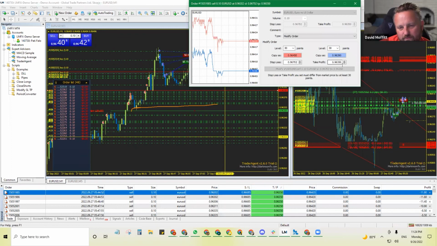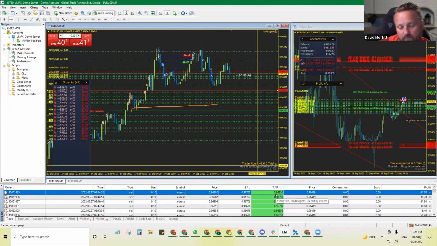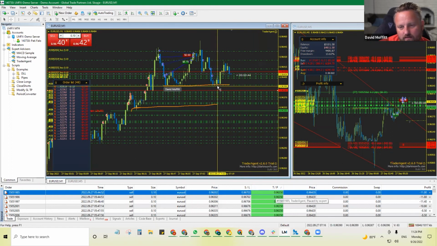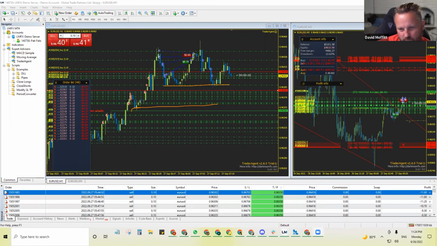The other thing that I would do too is that if it does cross this, I'd start throwing some buys on. Okay. And put your take profit with the buys at that price level. This is what I would do if I was trading this.